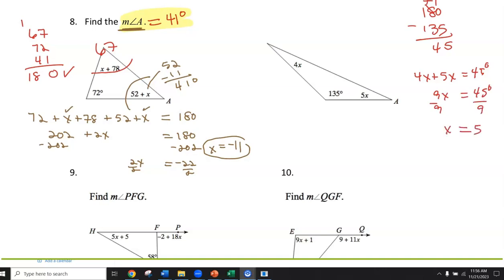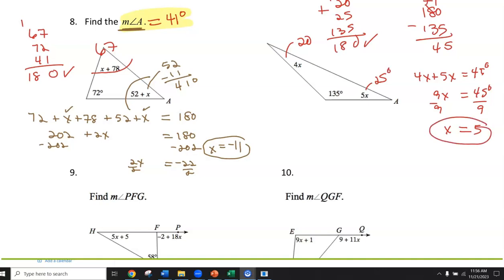Find my missing angles. 5 times 4 is 20. 5 times 5 is 25. Is it true that 20 plus 25 plus 135 should equal 180? 2, 4, 5, 6, 7, 8, 1 checks. Okay, so if they asked us for x, that's my x.